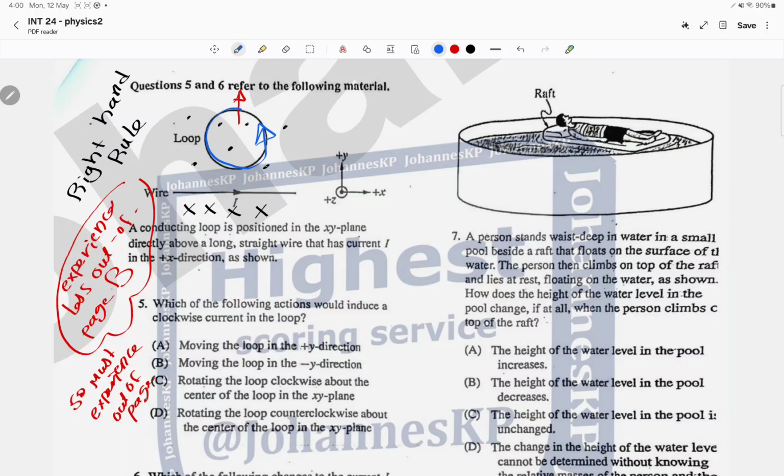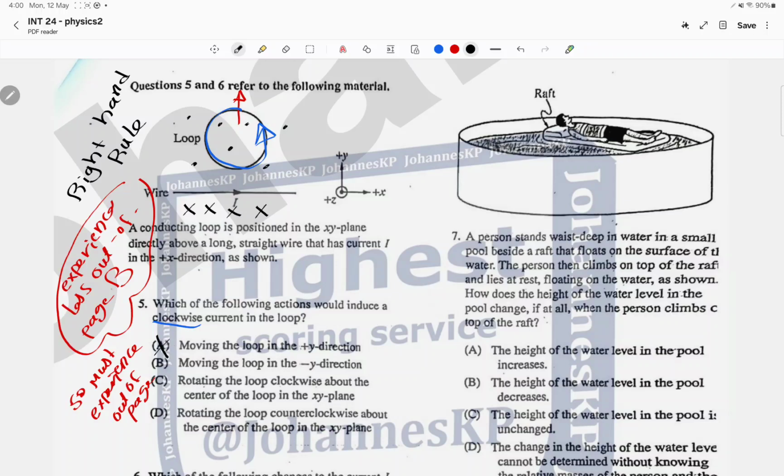You should point your thumb out of the page. So put your hand on the page and point your thumb out of the page. Then you're going to curl your hand. Okay. So that's going to be a counterclockwise motion. But this is a clockwise motion, correct? So it's not A.